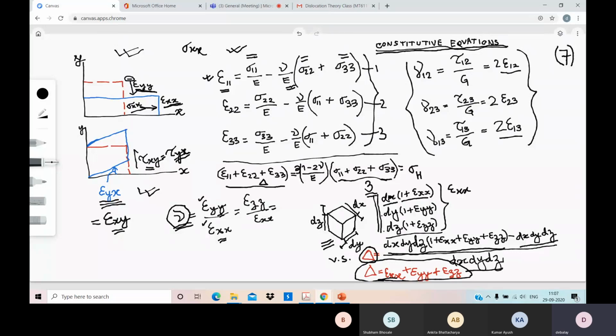So the ratio of hydrostatic stress sigma h and volume strain delta is known as what? It is known as bulk modulus, and bulk modulus is equal to E by 3 into 1 minus 2 nu.